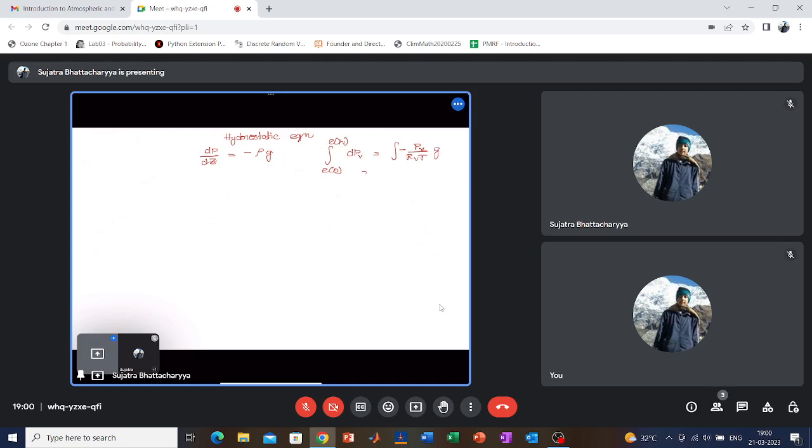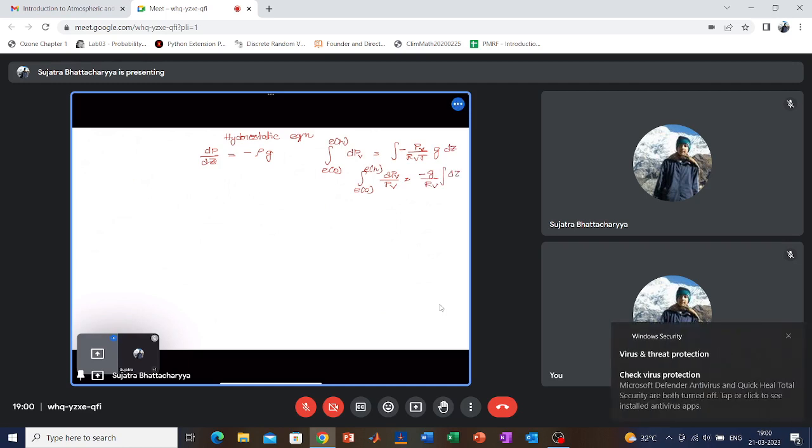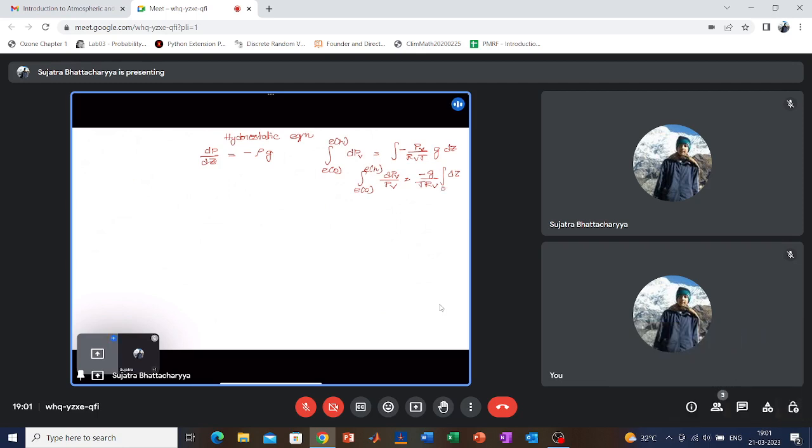Now if you do it, from E0 to EH, dpv by pv is equal to minus g, Rv common, dz, and T is also there, so T can be taken out. This will be nothing but log of EH divided by E0, equal to minus gH by TRv. This is what we get.